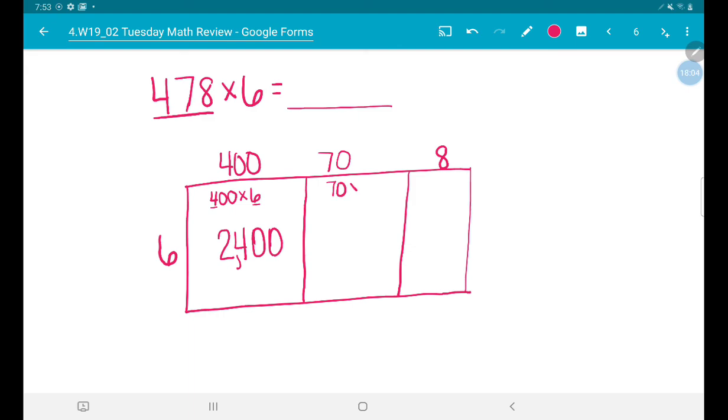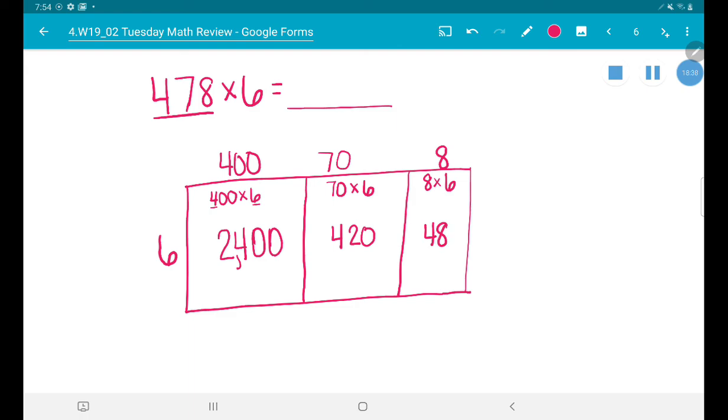So my length is 70 times 6. 7 times 6 is 42, and I need to add a 0, so that will be 420. And to find the area of the last section, area equals length times width. My length is 8 times the width is 6. So I'm going to multiply 6 times 8, and that is 48.